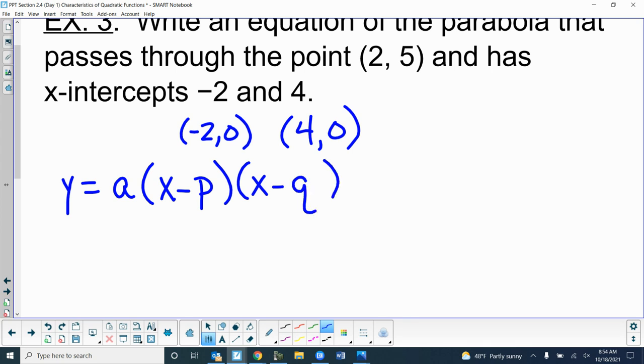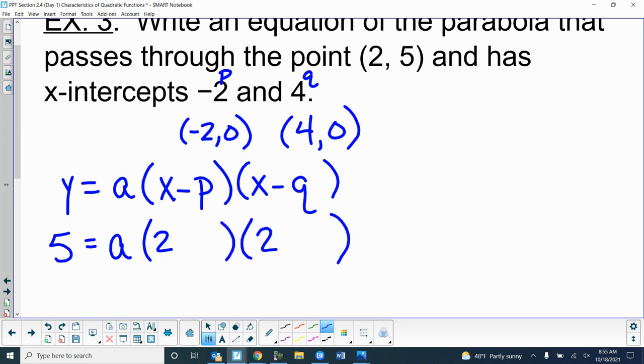Okay, remember the p and the q are your intercepts. And then our point, 2, 5, so I put a 5 in for y from the point. We're looking for a. X is 2 for both of these.